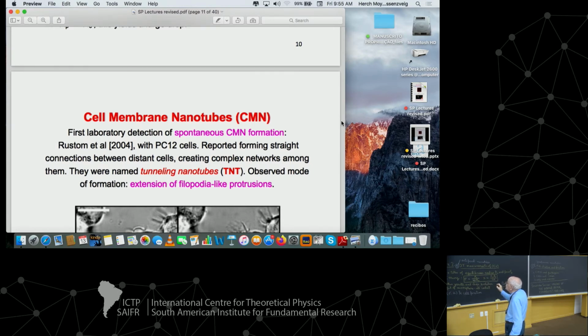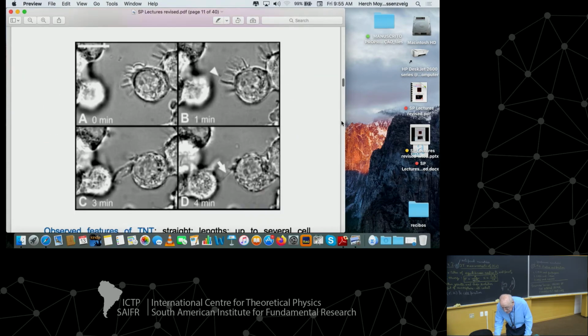They were using PC12 cells, and they reported that they saw, and this will show below, that distant cells were connected by straight connections, creating a complex network among them. They named these nanotubes tunneling nanotubes, TNT. That has nothing to do with the explosive. Okay. Now, how do they get formed? It's very interesting, and it's shown in this image.